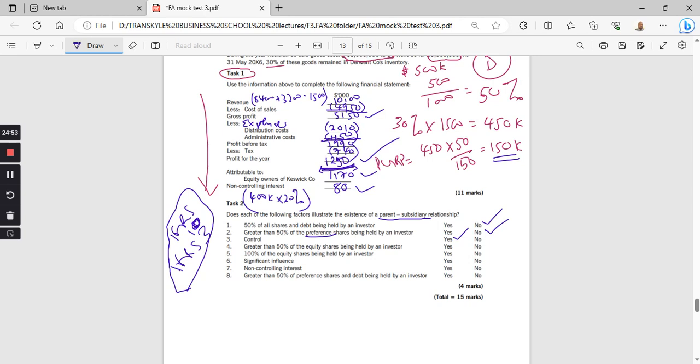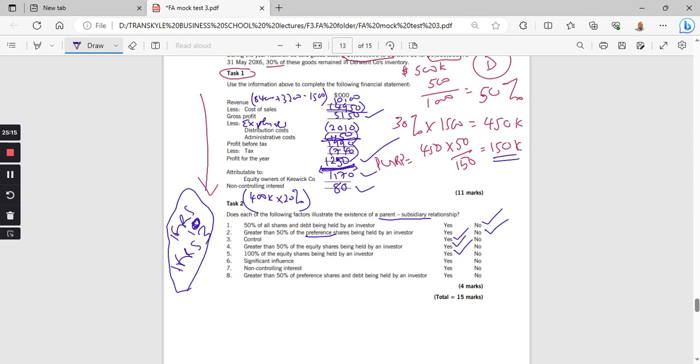Now, what about if greater than 50% of equity shares are being held by an investor? Yes, there is a parent subsidiary relationship there. 100% of equity shares being held by an investor, yes, then there is also a parent subsidiary relationship.